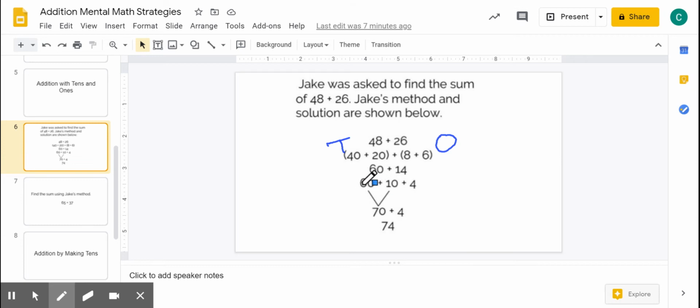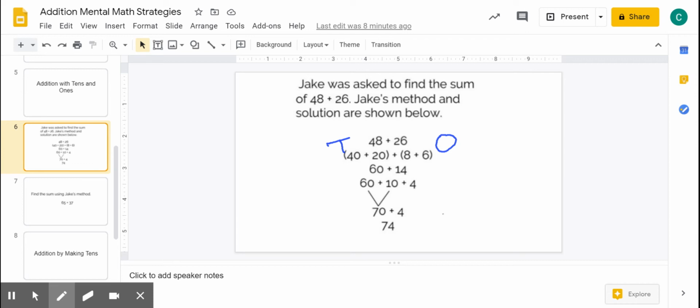As you can see, we are going to add 60 plus 14. Now, on one hand, you could have your child add 60 plus 14, and they would know it would be 74. But for addition with tens and ones, the idea is to have your child add friendly numbers.